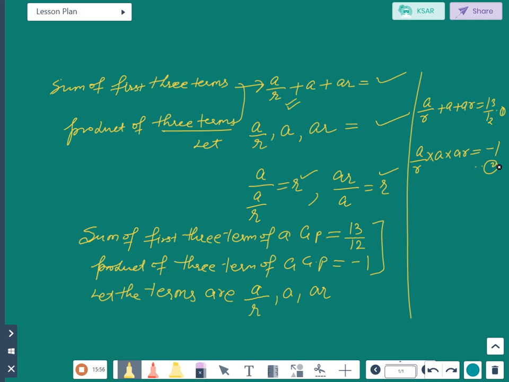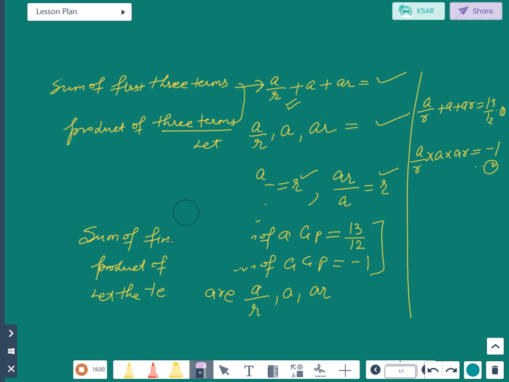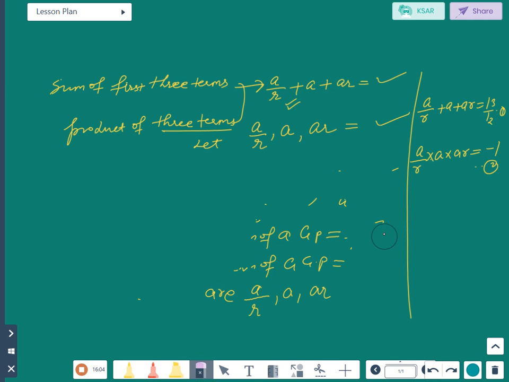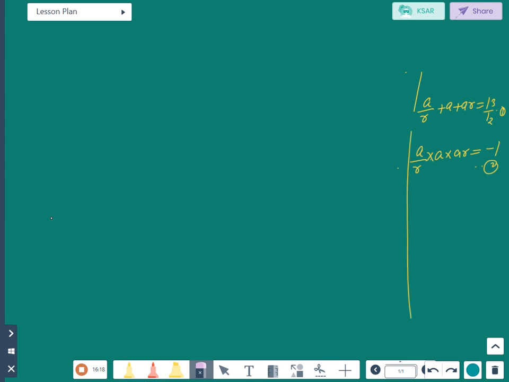From equation 2 we shall calculate small a, substitute that a into equation 1 and calculate the value of r, and with the common ratio we will get all the terms.